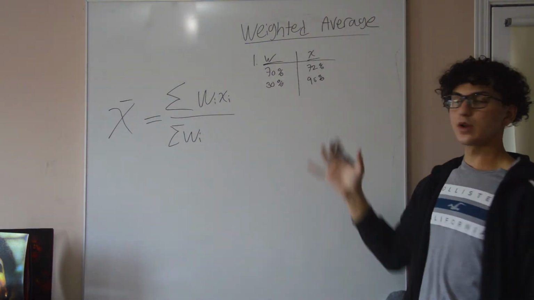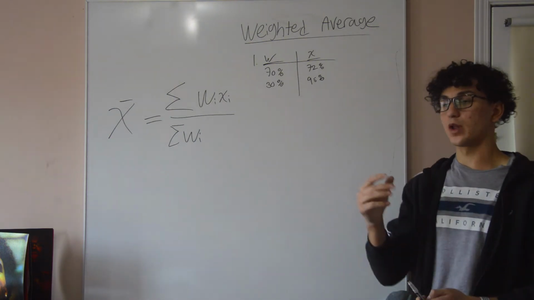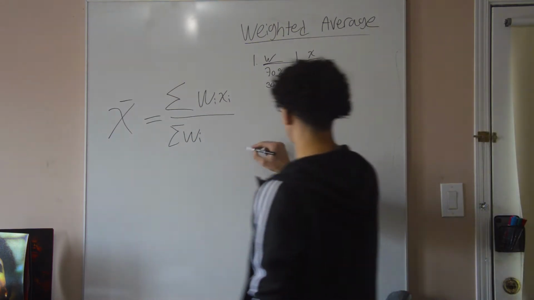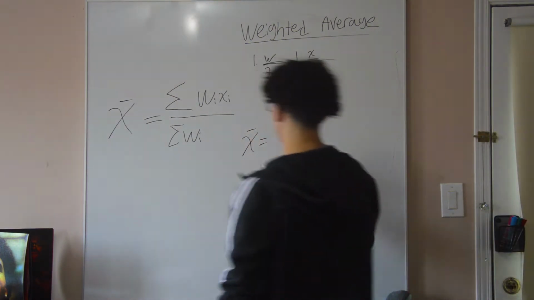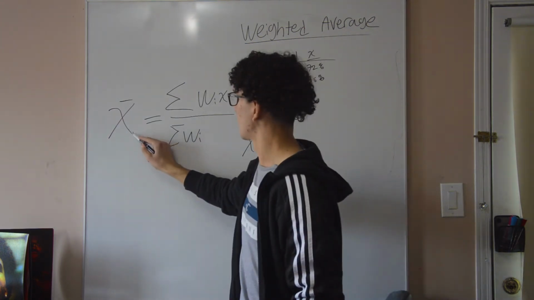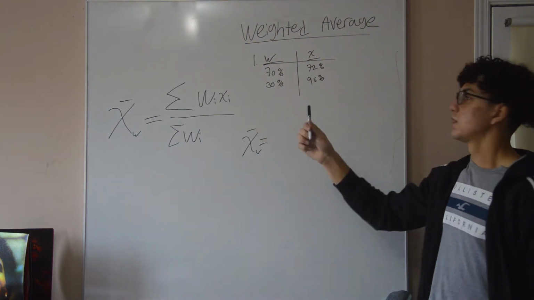So here we already have our values. We have everything we need to find our new average. Let's just use it. So x bar with a little w subscript means weighted average, and it equals the sum of the weight times the value.